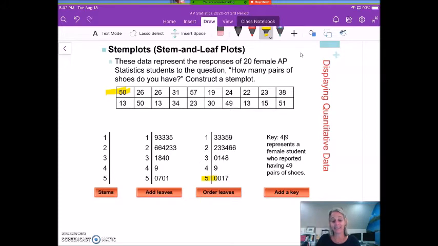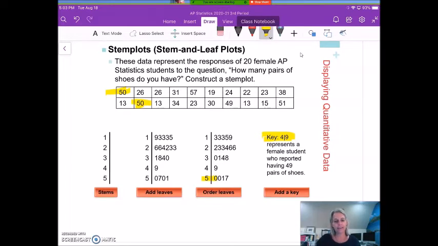The tens digit is the 5, that's the stem, and the 0 digit is the ones place, that's the leaf. So we would have to have a key, which they're showing over here, 4 bar 9, indicating that 4 bar 9 would mean the number 49. So you'll notice here we have 5 and then the bar and then 2 zeros. Well, that's because 50 shows up twice in this data set. And so we need to make sure and include both of those.